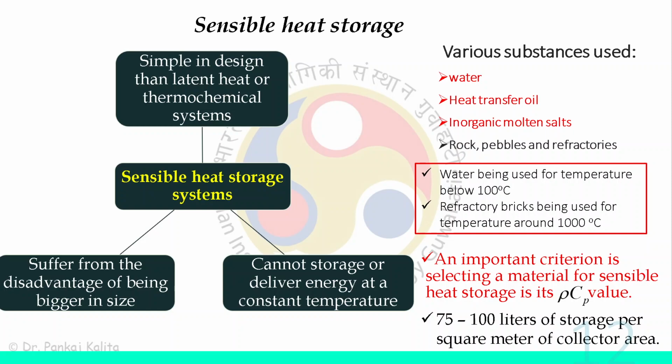So basically when we talk about sensible heat storage, these are simple in design compared to latent storage, because in latent storage the temperature has to be incorporated. Sensible storage has the disadvantage of being bigger in size, and it cannot store or deliver energy at a constant temperature.